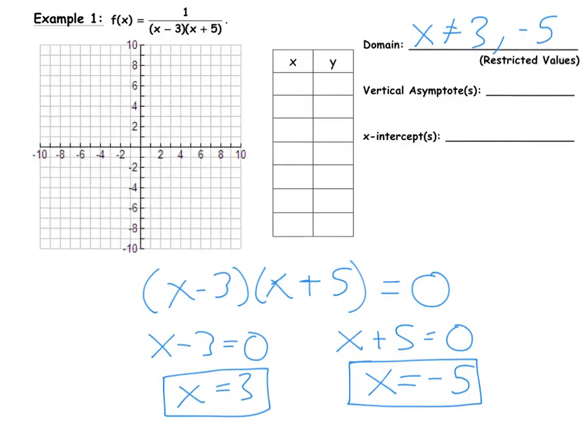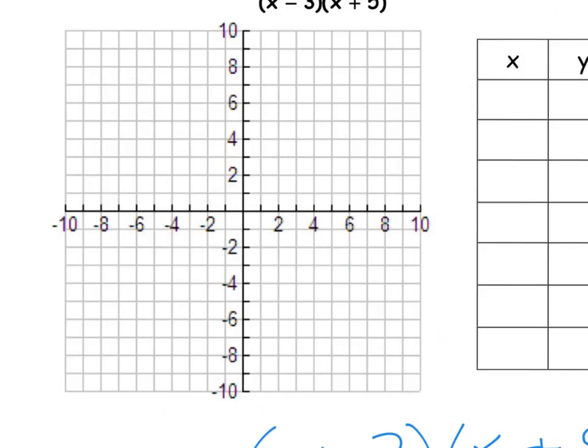And here's what I mean by that. On our graph, at x equals 3, I'm going to draw a vertical line and my graph cannot cross that vertical line. And same thing at x equals -5.